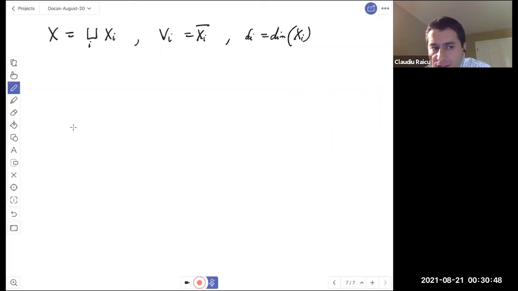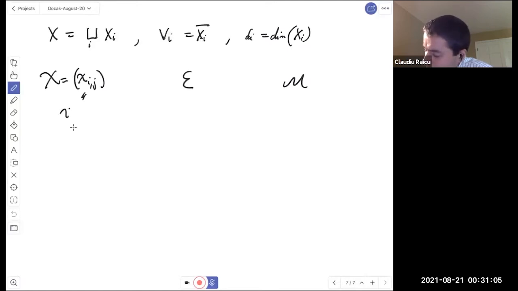There are three sets of invariants, which I can encode in some matrices. One is the Euler characteristics of the stalks at various points in the stratum X_i. Another matrix is just the local Euler obstructions that I talked about earlier.